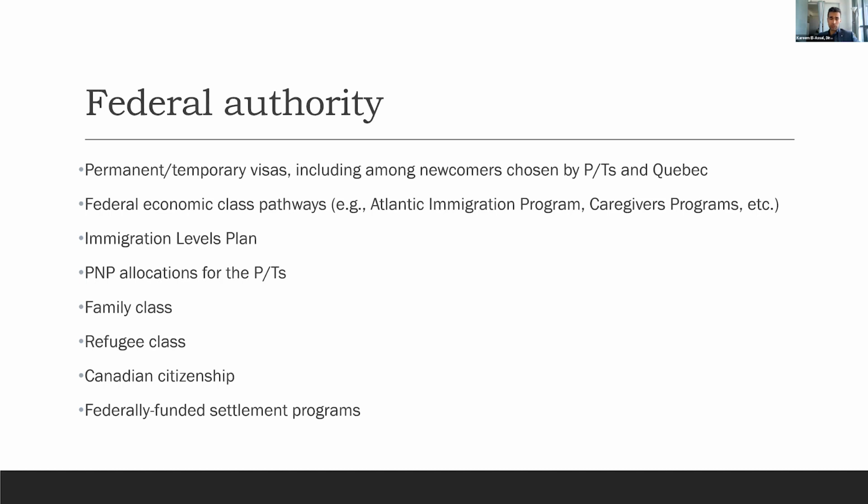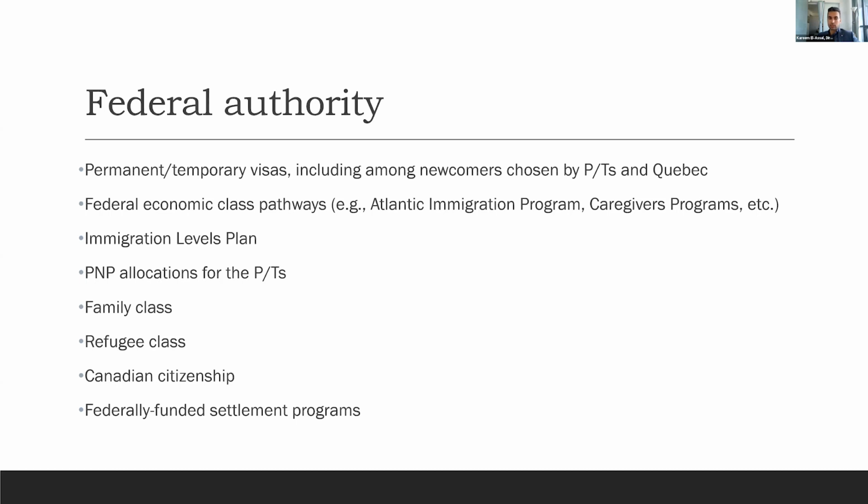The federal government also shapes immigration programs of its own on the economic side with its Express Entry system, as well as other programs such as the Atlantic Immigration Program. It's responsible for family class reunification, welcoming refugees, citizenship, and of particular interest to this group, they provide by far the most funding to Canada's settlement program.